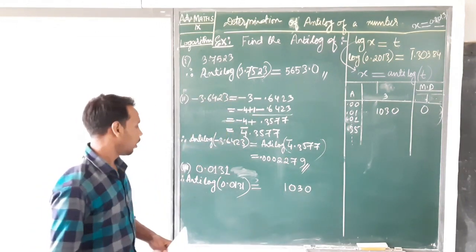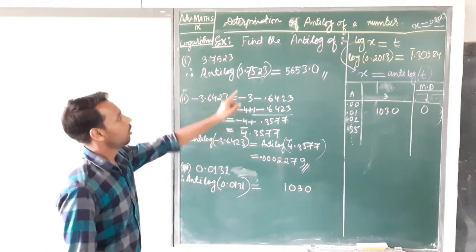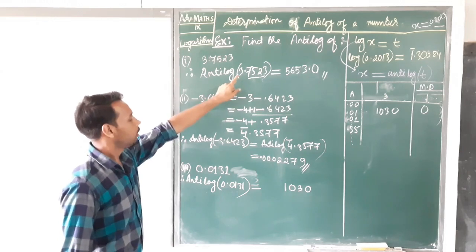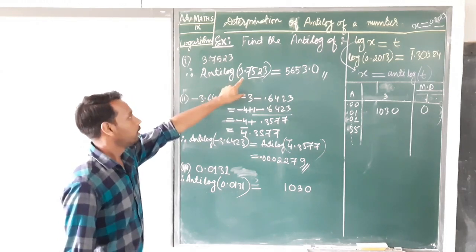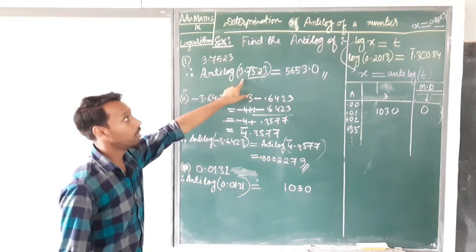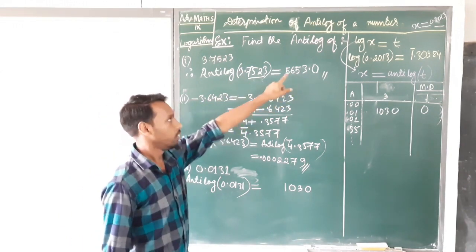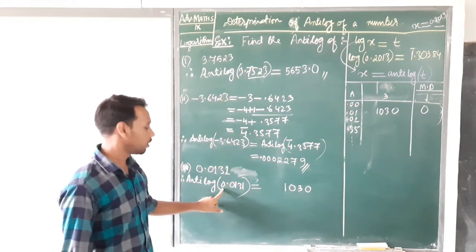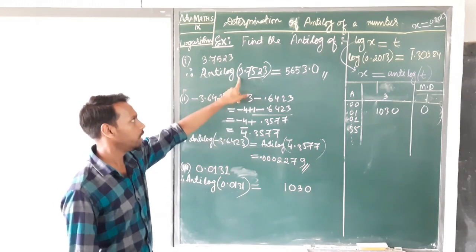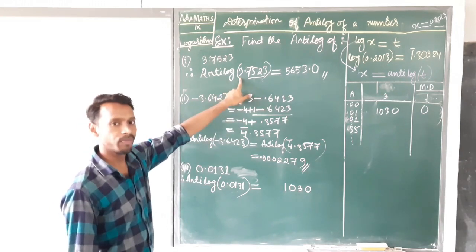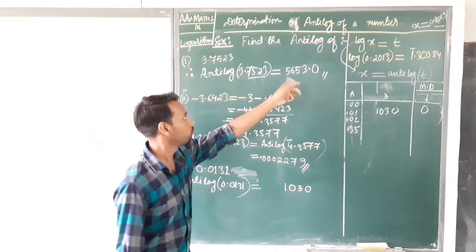Now, like this, we use the integral part to put the decimal point, isn't it? Here also we will use this integral part to put the decimal point. When it is 3, we put the decimal point after counting the number of digits 1 more than this value.